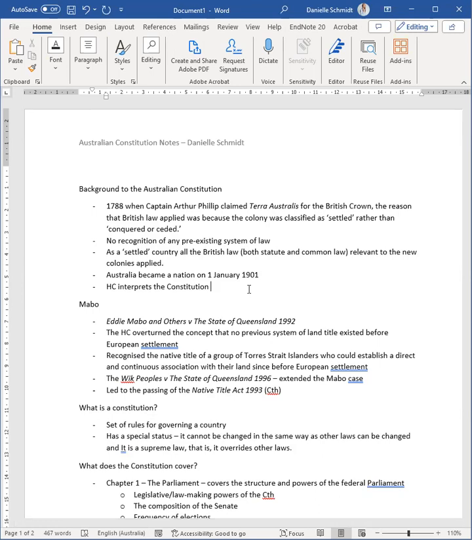Those things weren't around, they weren't foreseen, and the High Court has said, hey, look, this can be included in this section or that section, and that's our interpretation. So through interpretation, the effect of the Constitution has been changed over the years, and many of the court's rulings have had the result of extending the power of the Commonwealth, but they do not change the Constitution.